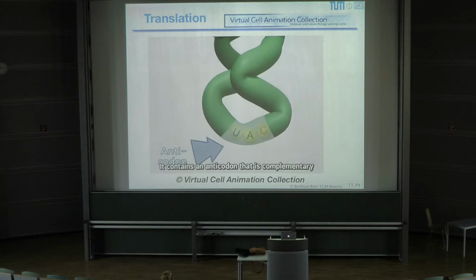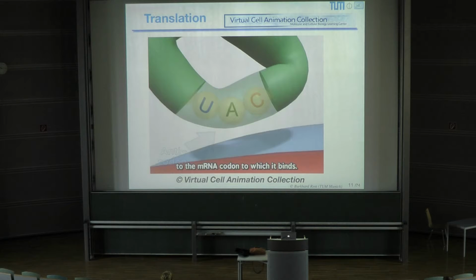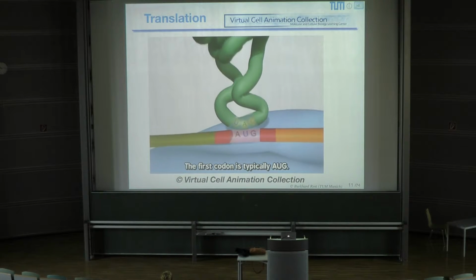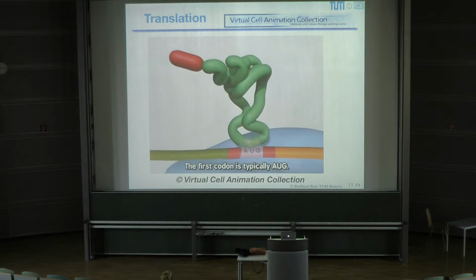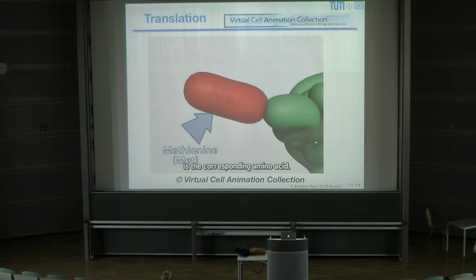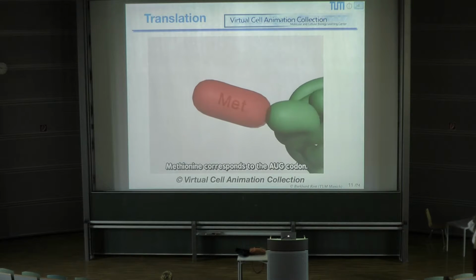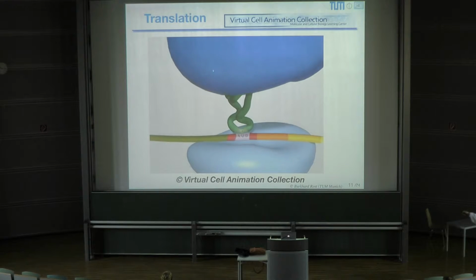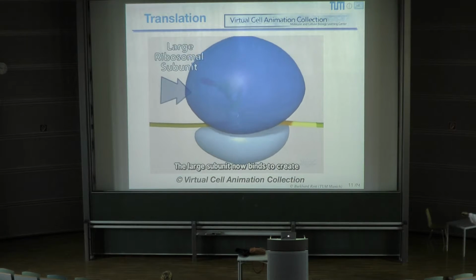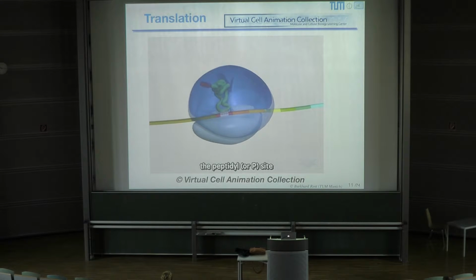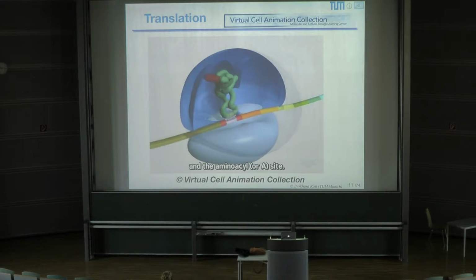It contains an anticodon that is complementary to the mRNA codon to which it binds. The first mRNA codon is typically AUG. Attached to the end of the tRNA is the corresponding amino acid. Methionine corresponds to the AUG codon. So you see, this brings the amino acid, and it binds, recognizes the RNA triplet. So 3 nucleotides. In this case, AUG.